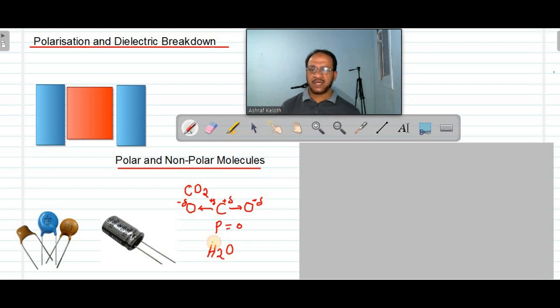So if you take the electron cloud picture of the water molecule, the electron cloud will be more towards the oxygen atom because oxygen is more electronegative. So this area has more electron cloud density than the hydrogen side. So the oxygen side will have a delta negative charge and the hydrogen side will have a delta positive charge.